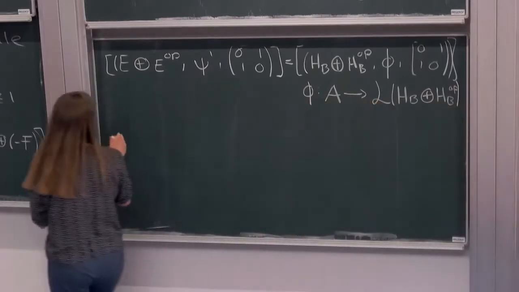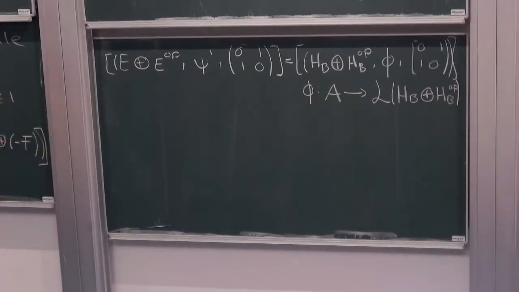Okay. So now I want to look at what happens if B is trivially graded first, and then if both B and A are trivially graded.